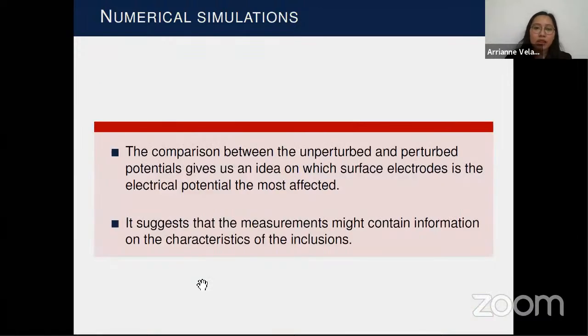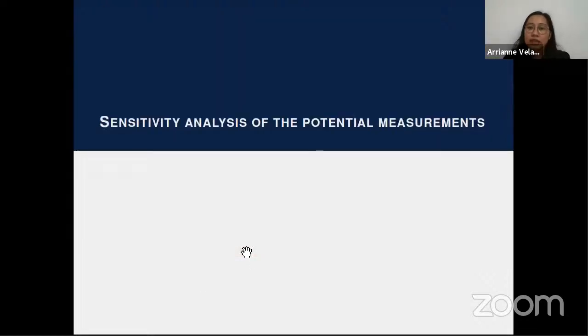So from this, if we compare the perturbed and unperturbed potentials, it gives us an idea on which surface electrodes the electric potential is the most affected. Since in the forward problem this is where we gather the data, we want to check which electrodes contain the most information that will be useful in the EIT inversion. And for that, we study the sensitivity analysis of the EIT measurements.